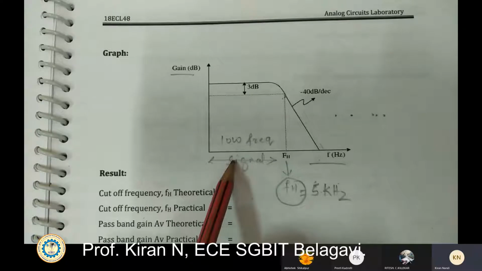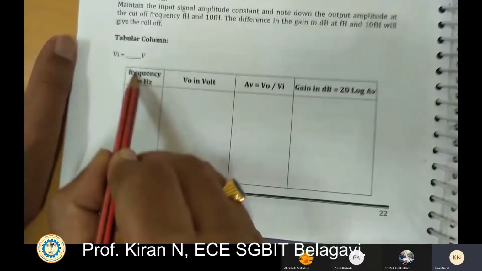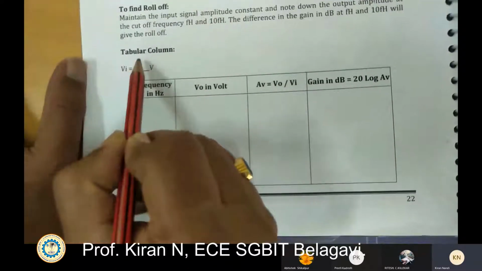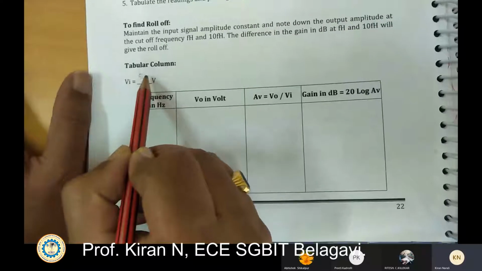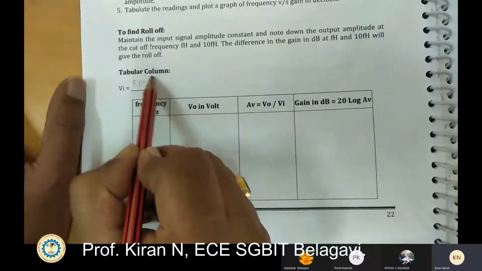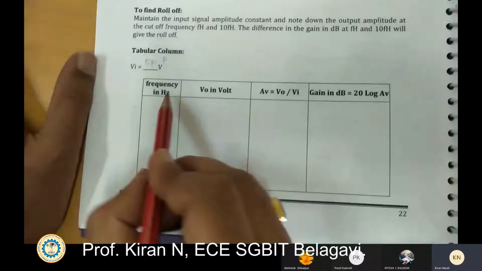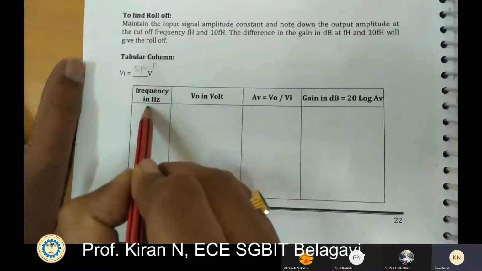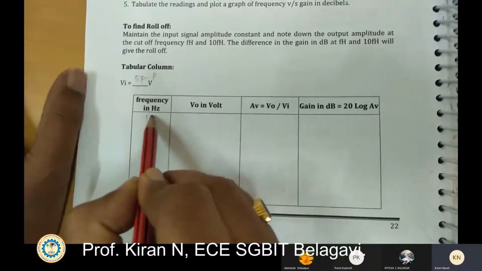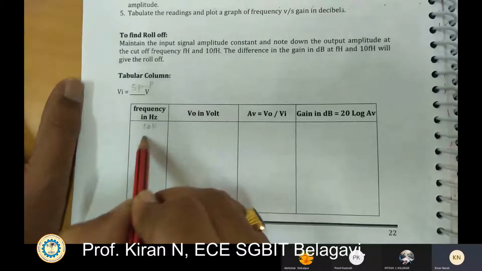So there is an observation table here. The input voltage is 5 volt peak to peak. Now frequency you have to go on varying. You can take any frequency like 10 hertz, 20 hertz.